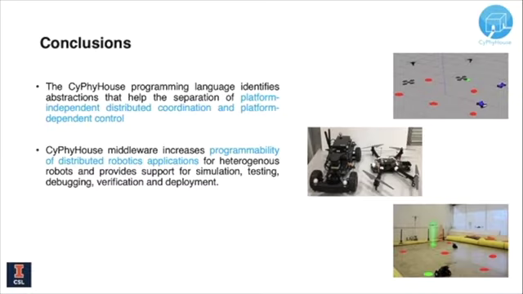And our experience suggests that the quad language and compiler can enable users to develop and run distributed robotics applications in a hardware-independent fashion. Quad programs can be ported across platforms automatically with minimal effort from the application programmer, and our high-fidelity simulator can provide a valuable testing and debugging environment.